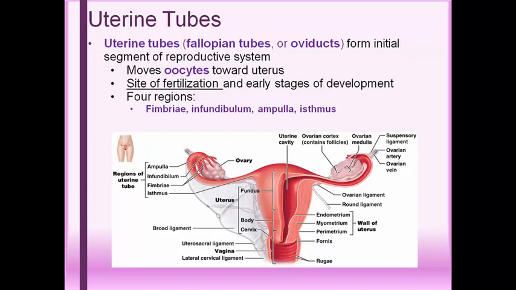The infundibulum, you have that area that's at the distal end. Then the ampulla, where fertilization usually takes place, the union of the egg and the gamete. And then where the uterine tube attaches to the fundic region of the uterus would be the isthmus. So those 4 areas from the distal opening there at the ovary to where it attaches to the uterus.